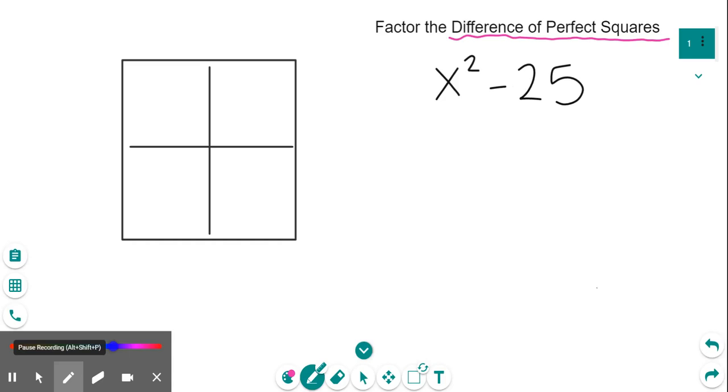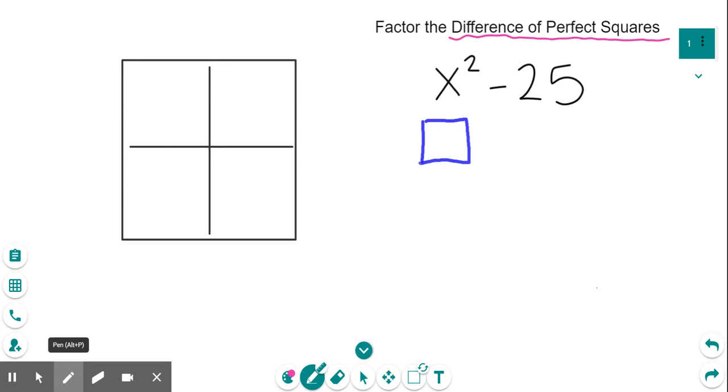All right, so we're going to switch gears here and we're going to move on to factoring the difference of perfect squares. So what I want you to notice here is that x squared is a perfect square and 25 is a perfect square. And the minus sign is called a difference. So this is a difference of perfect squares.